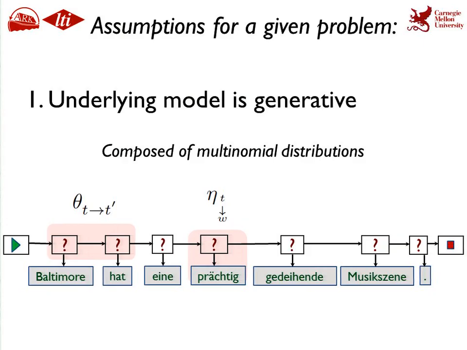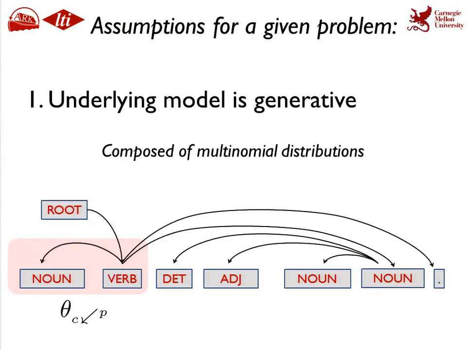Similarly, for the DMV model there are parameters like the probability of a child given its parent in the left direction. So the DMV model contains only unlexicalized parameters because it is defined over part of speech tags usually. So we call them theta sub C generated from P. Okay, so theta and eta are the 2 types of parameters in these models.